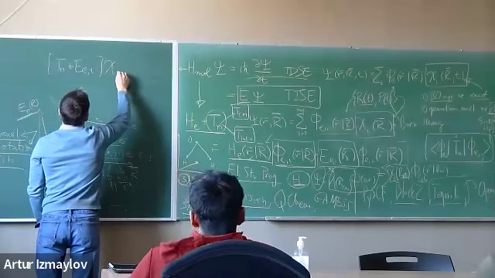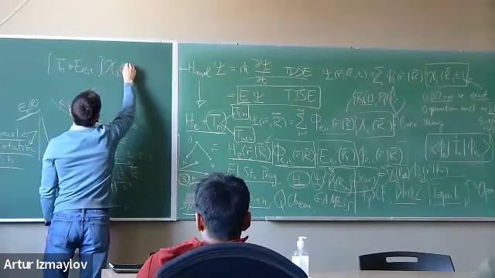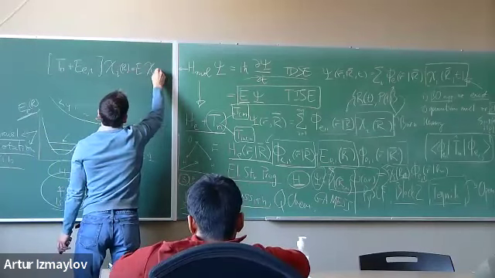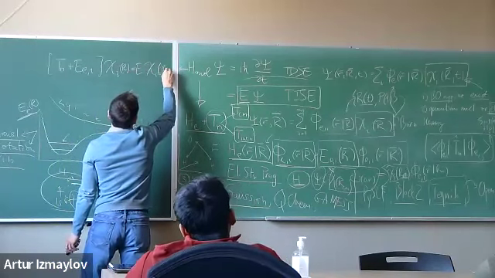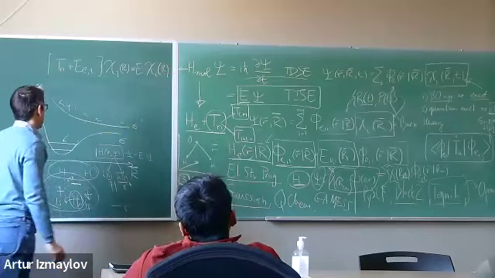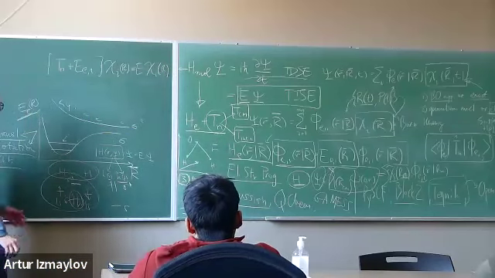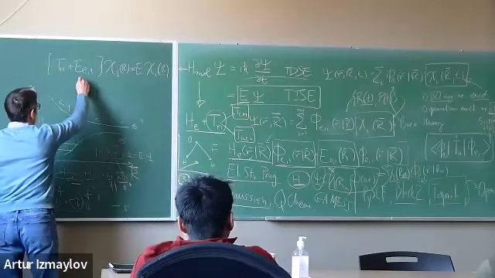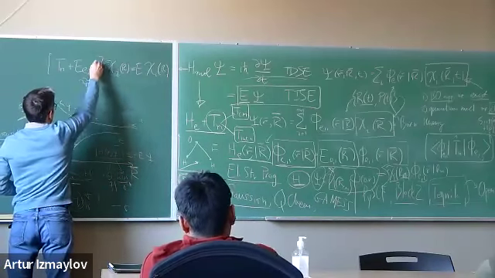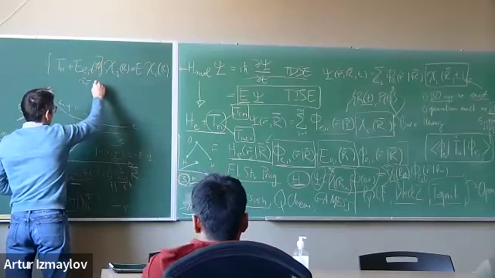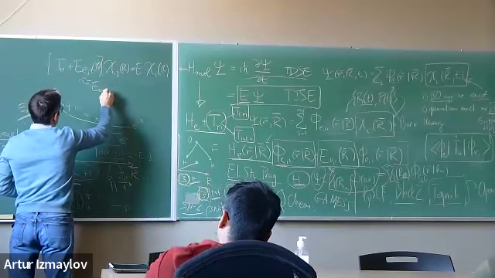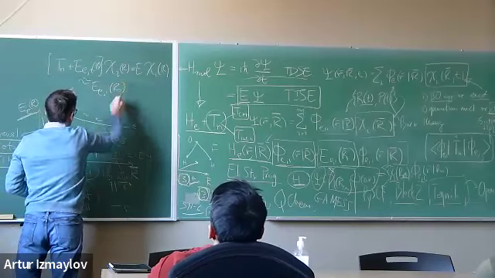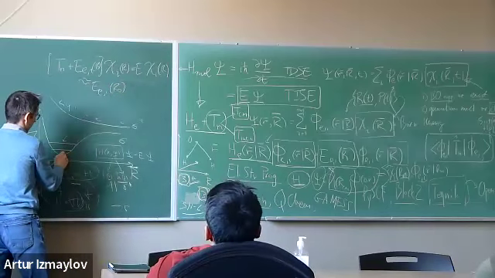We wrote this, and then it's Hχ(R) = Eχ(R), right? So this is a harmonic oscillator problem if this is approximated as a function of R, as E0 electronic at R0.